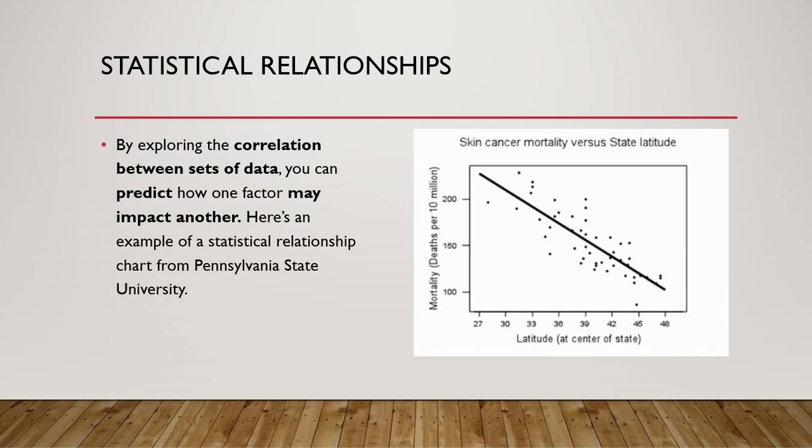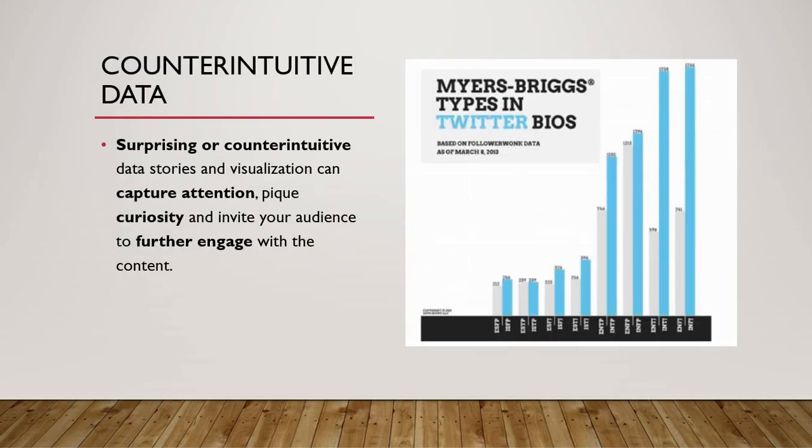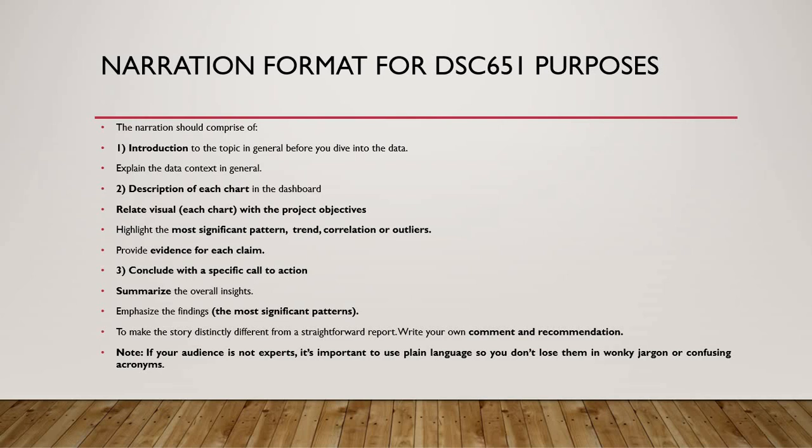Ni pasal cancer kan, skin cancer. Okay. Kemudian counterintuitive data, surprising or counterintuitive data stories and visualization can capture attention, pique curiosity and invite your audience to further engage with the content. Yang ni jenis counterintuitive data.